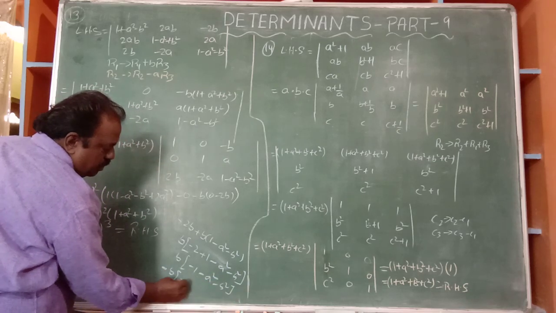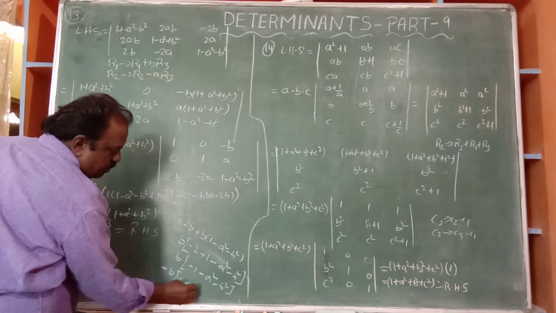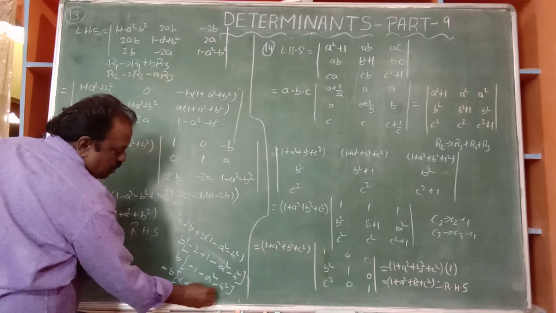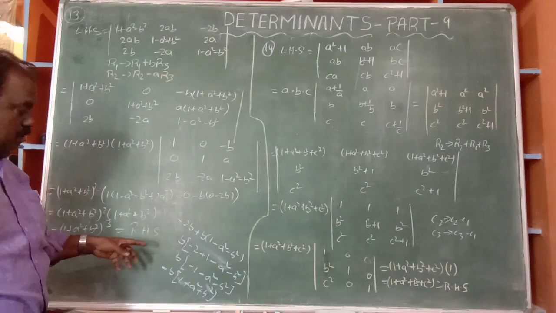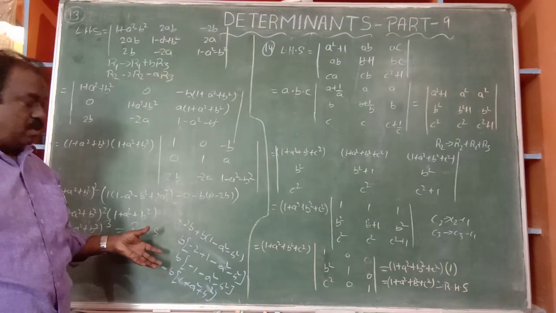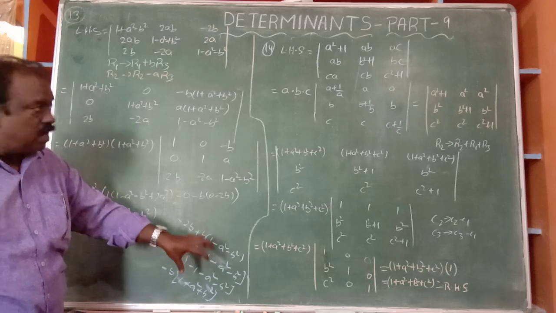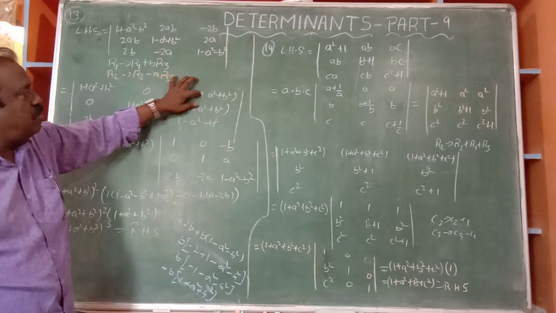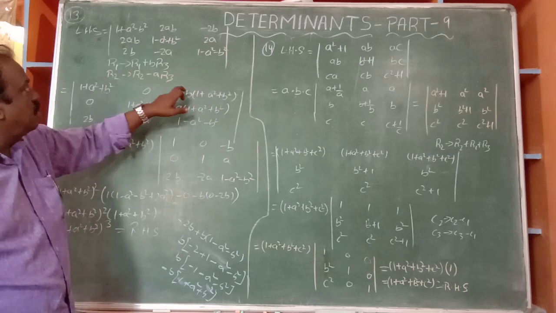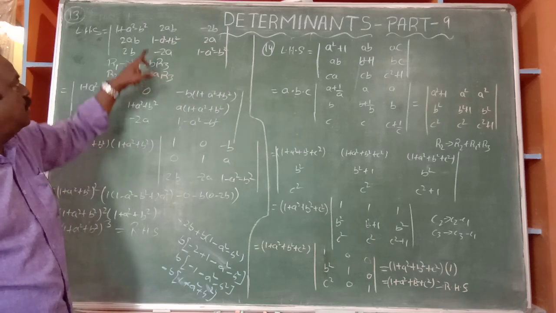Take minus b as common. It is 1 plus a square plus b square is there. Be careful. That much of work is there. It is separate. You have to work and put it at once only. So it is minus b of 1 plus a square plus b square. Okay, the first one is correct.